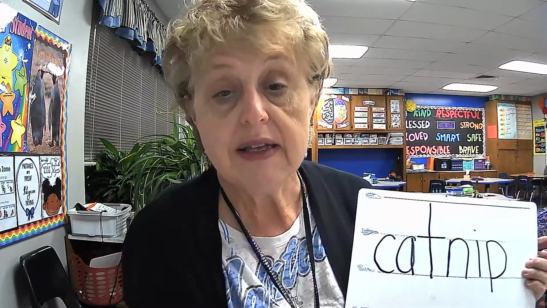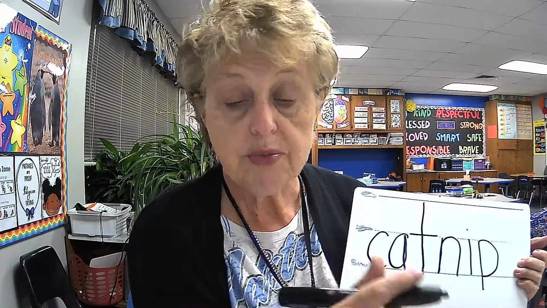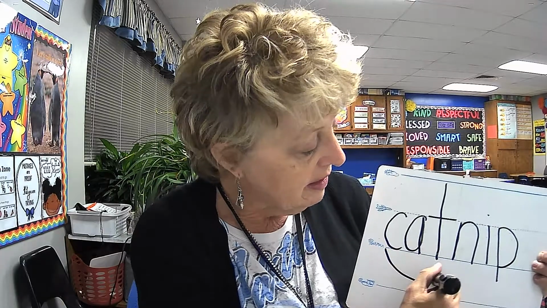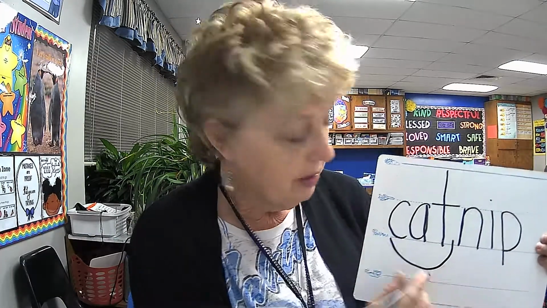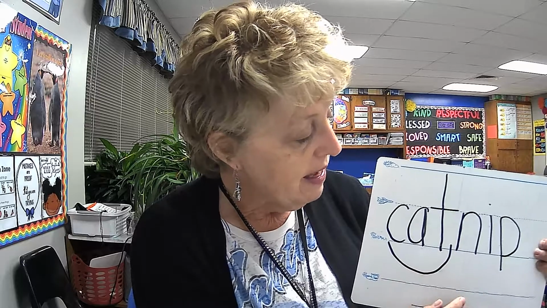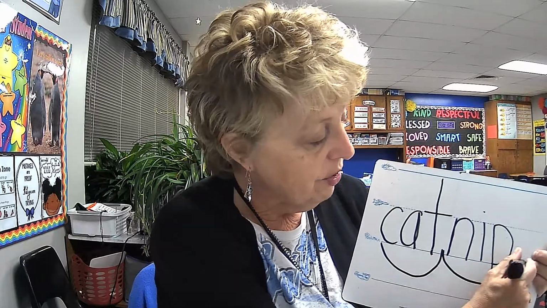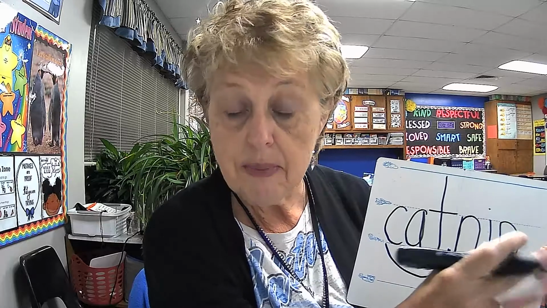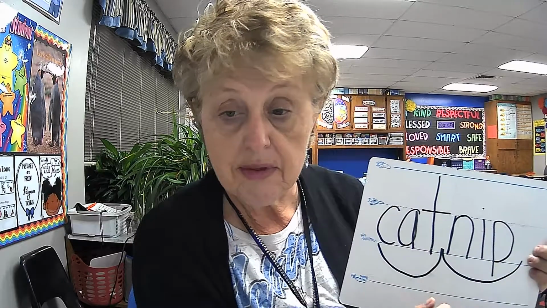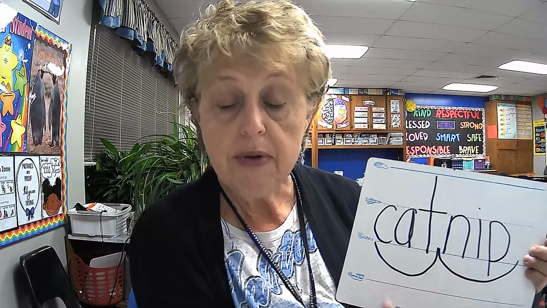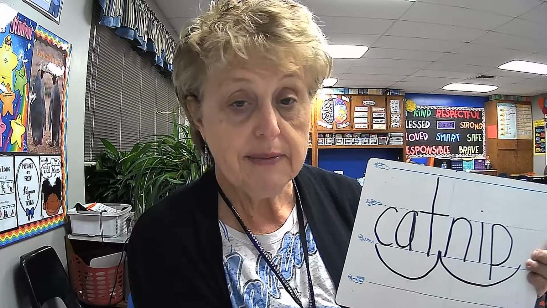Twice. That's right. And that's why we say that it is a compound word. It's 2 words put together. We have cat, that's one word. And notice how I scooped it. And nip is the second word. Nip means to bite or to eat at something. But when you put them together, it's a plant.